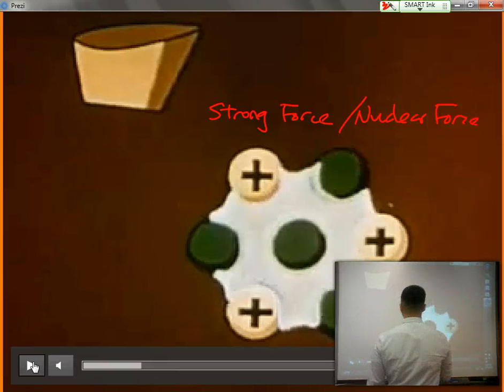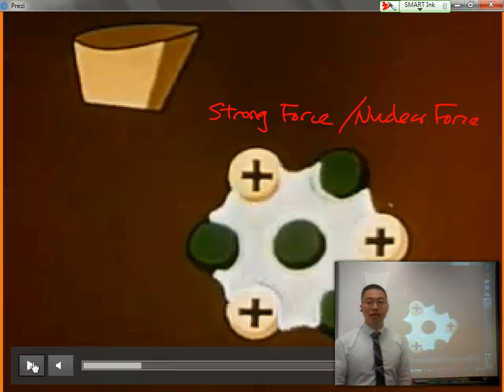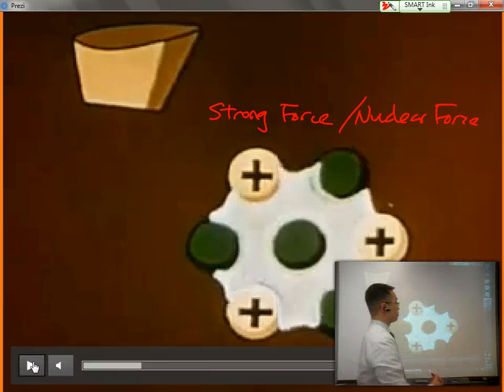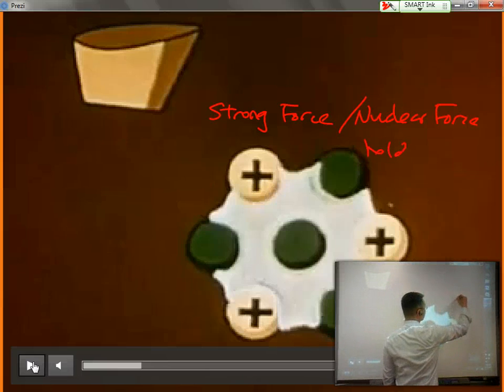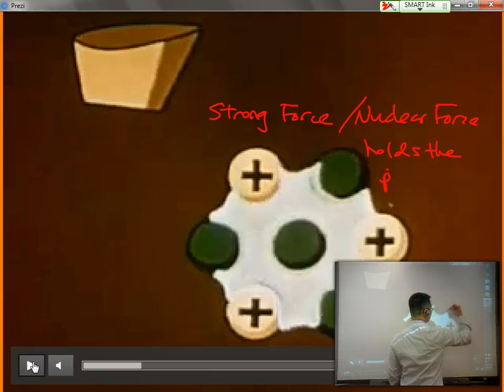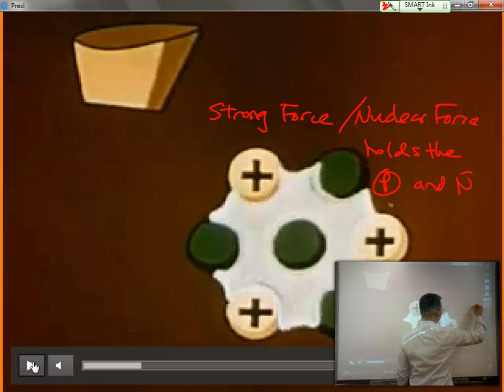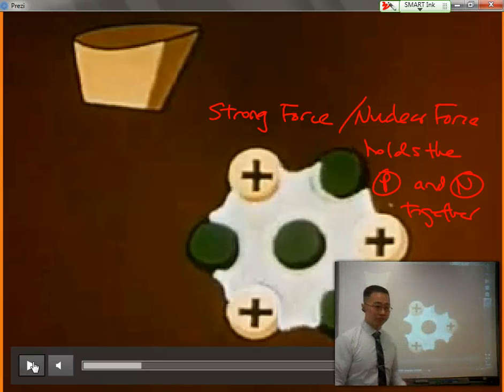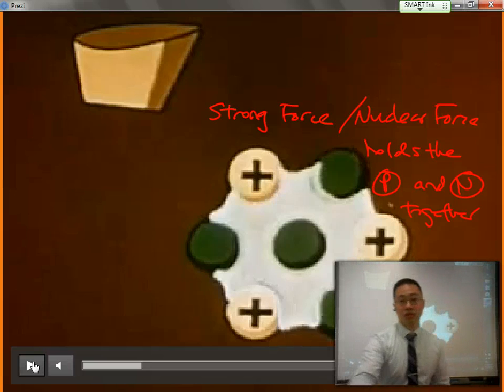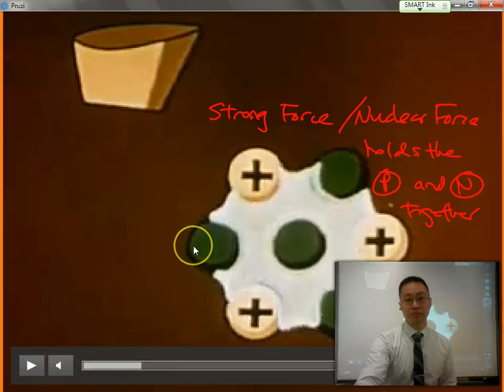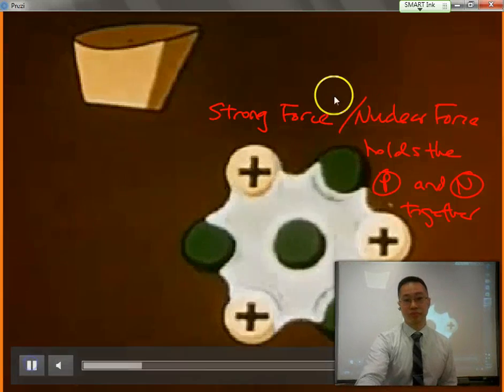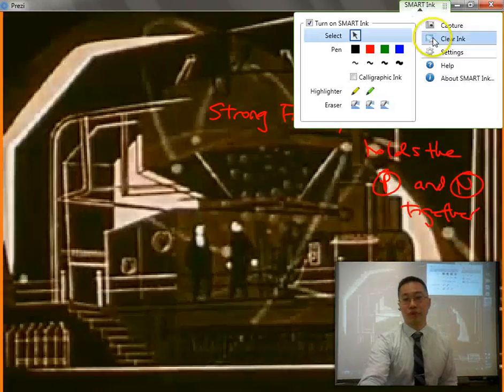And this force is holding the protons and neutrons together. Otherwise, they would break apart.